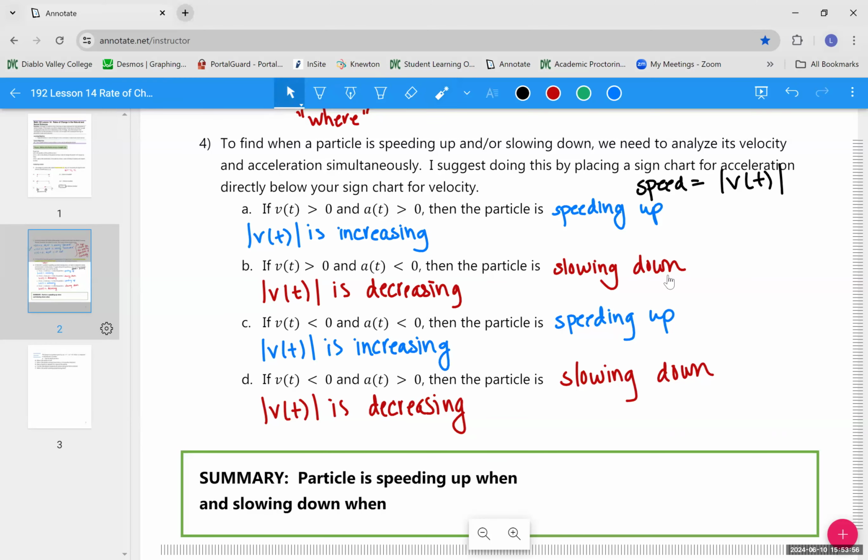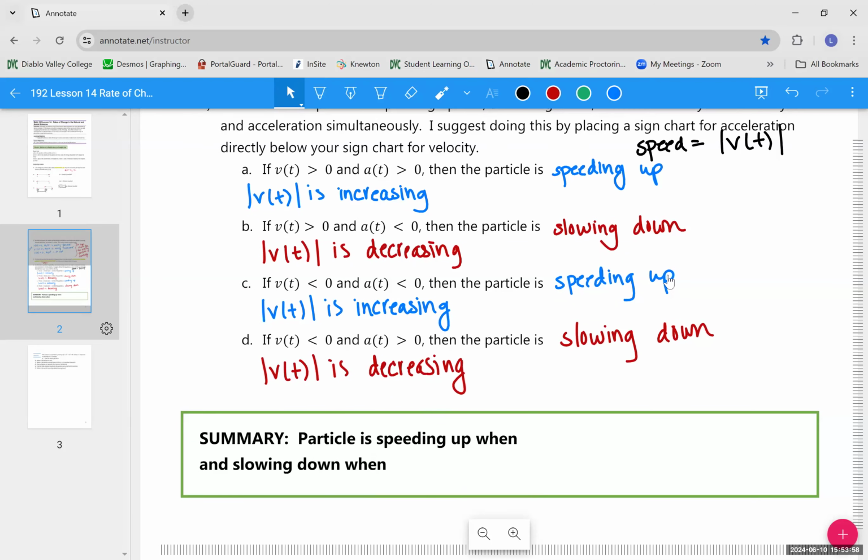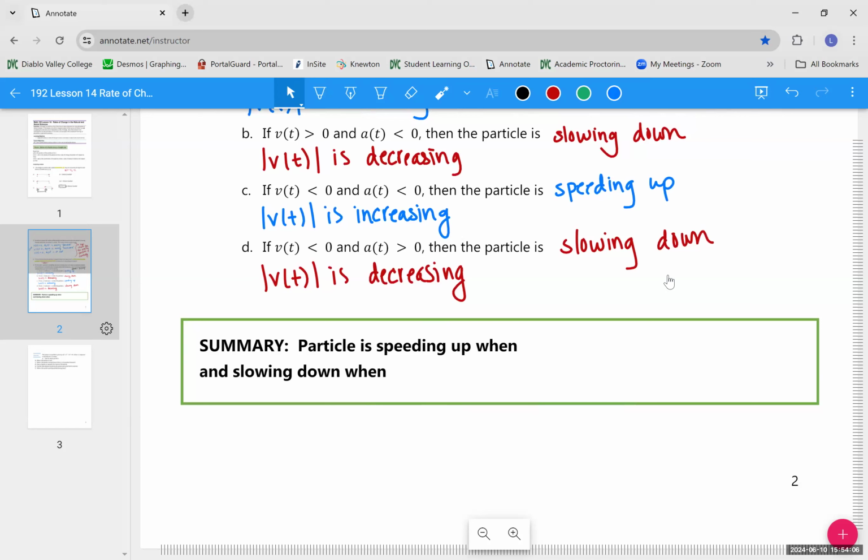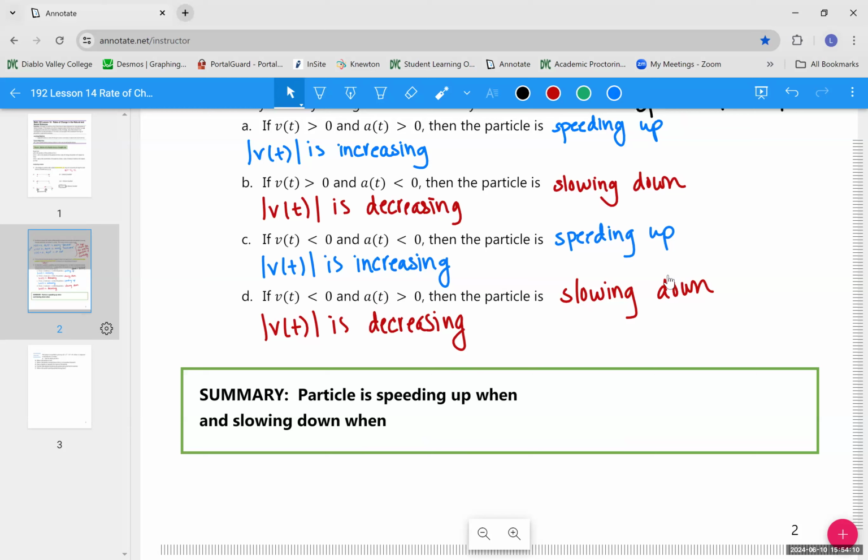So the good news is you do not have to memorize 4 different things, nor do you have to think through them every single time. If you've made sense of them, then I have a shortcut for you to remember it. If you look at the pattern of the 4 options that we had above, the particle is speeding up when velocity and acceleration have the same sign. So they're either both positive or they are both negative.